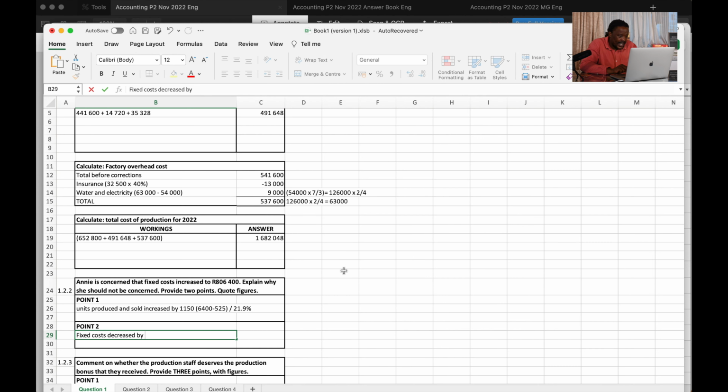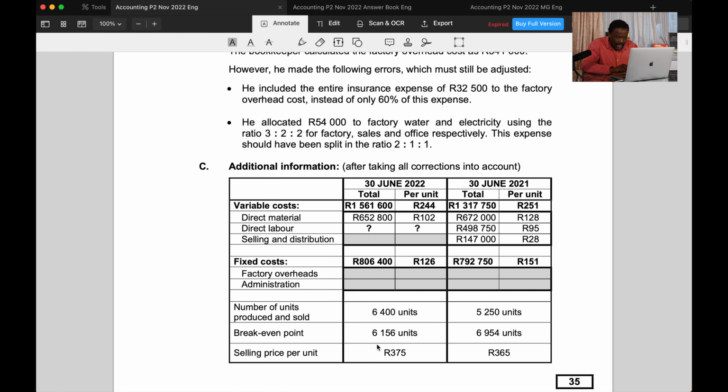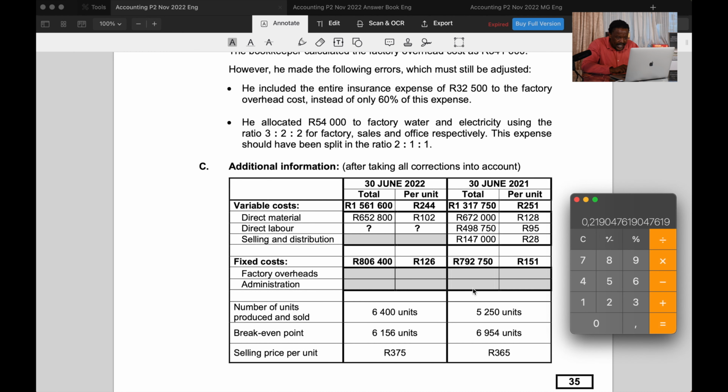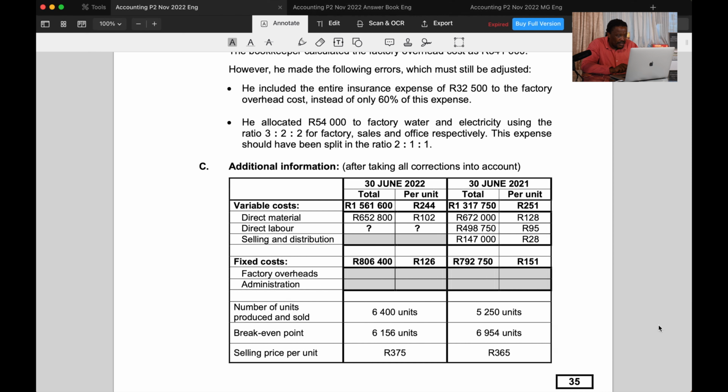Let's look at it in terms of per unit. Because they want you to mention also that you are talking about fixed costs per unit decreased by, let's look at it in terms of units, decreased by, you can calculate that. Here it is, it was 151 minus 126 equals 25.